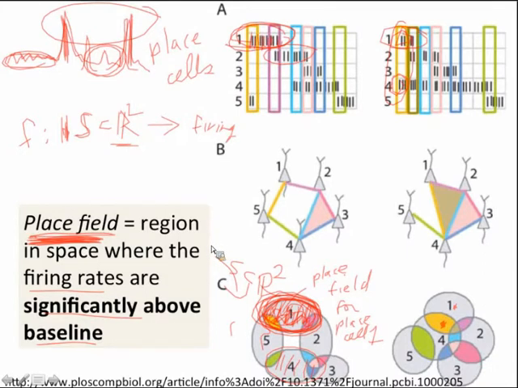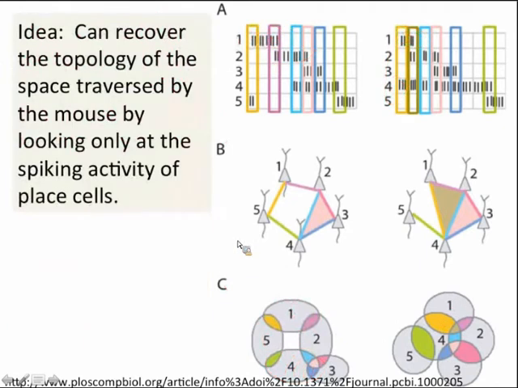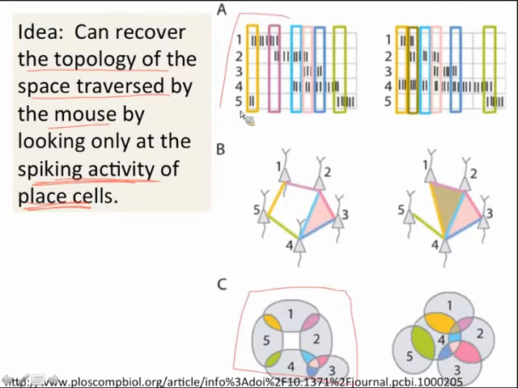Well, this picture in the middle is kind of indicative of what we might want to do. The idea is, can we recover the topology of the space traversed by the mouse by only looking at the spiking activity of the place cells? In all previous papers, the biologists had both this data and knew where the mouse was when the cells spiked.